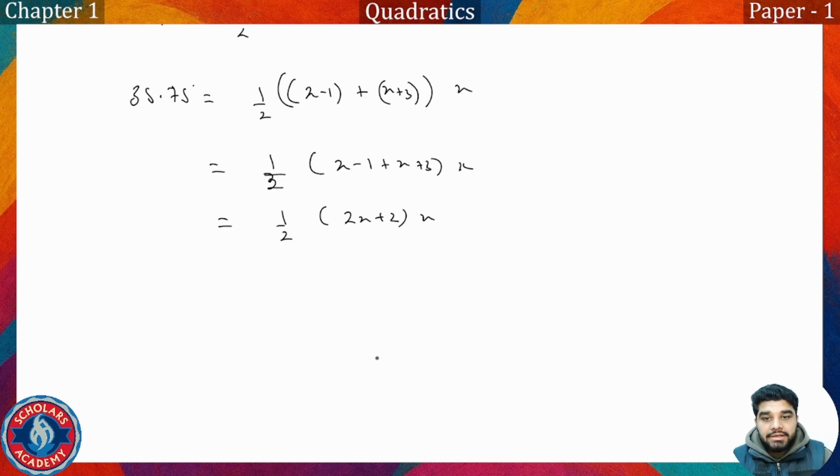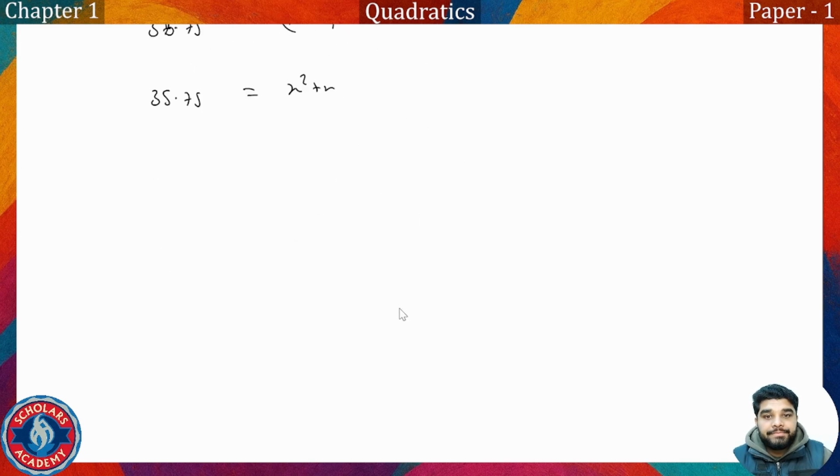We can divide it by 2. We get x plus 1 times x is 35.75, and this gives us x square plus x, 35.75. So we get x square plus x minus 35.75 is equal to 0.